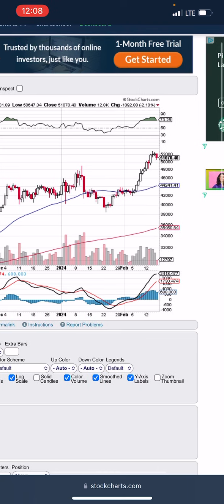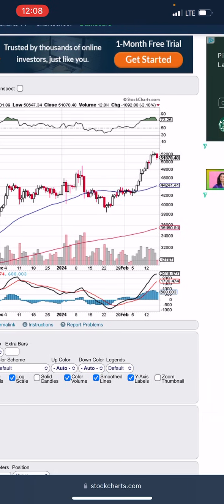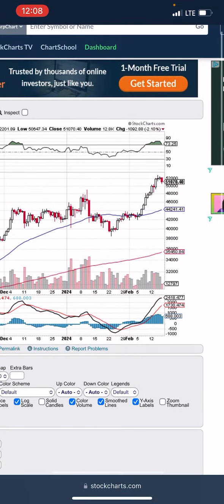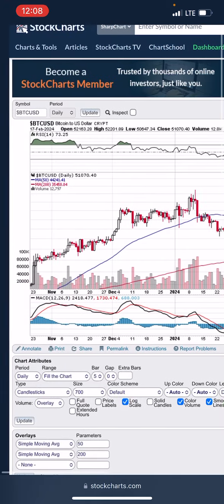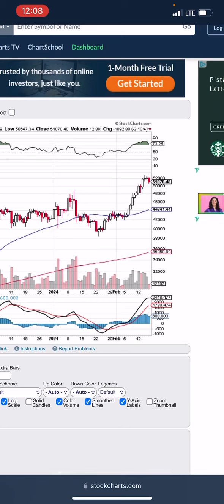But currently, it's a lot of speculation. The price is starting to sell off. Once the MACD crosses over into negative territory, then the price will fall to 46, 44, depending on if the blue line, which is the 50-day moving average, pulls up higher.